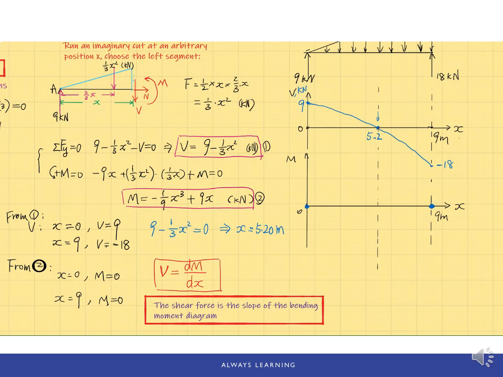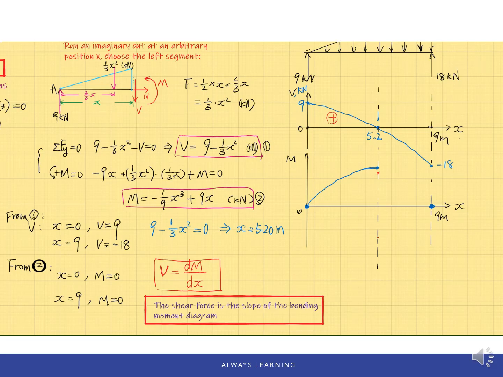First of all, if you take a look at 0 to 5.2, the V's are positive because it's above the x-axis. Positive slope means an increase, so the bending moment will increase from 0 to 5.2. At this point, when V equals 0, the slope is 0, so the bending moment has a maximum value over here.